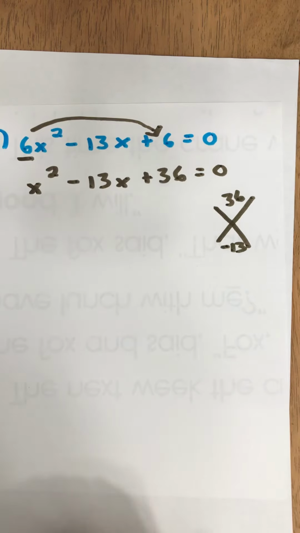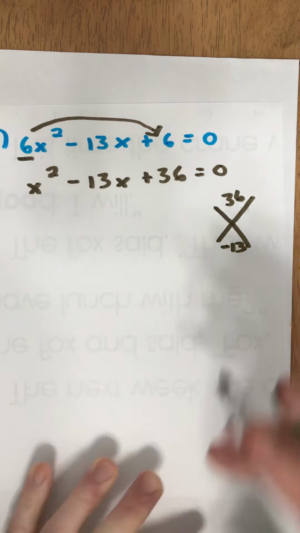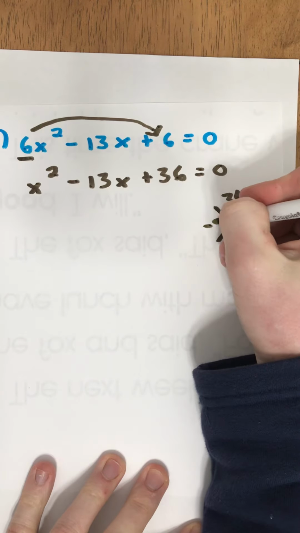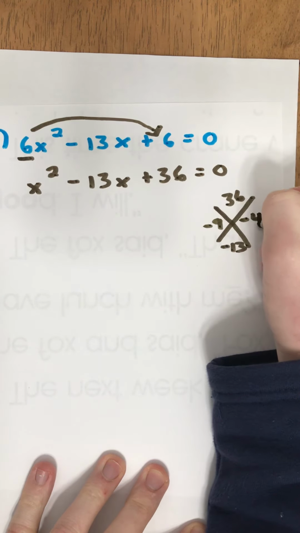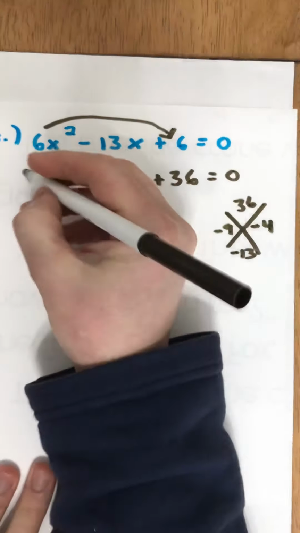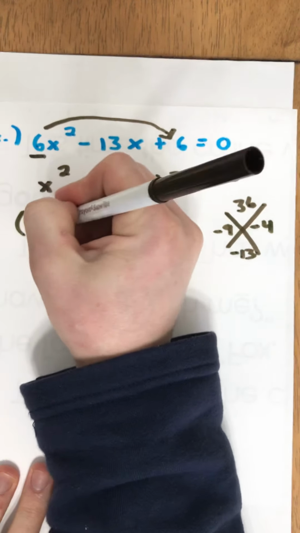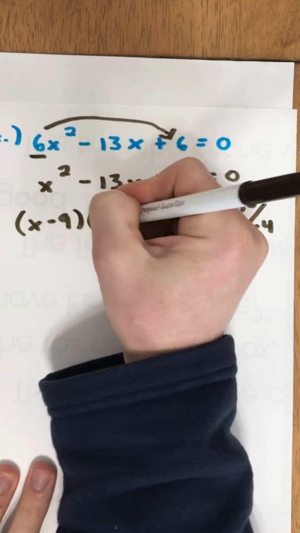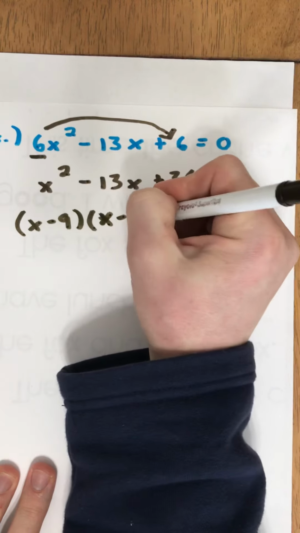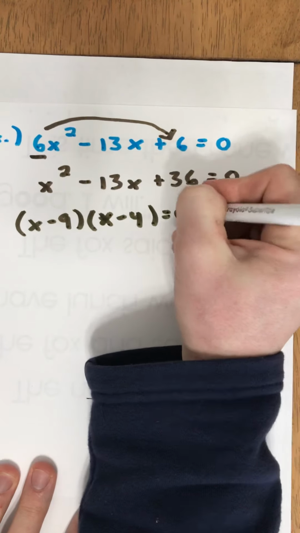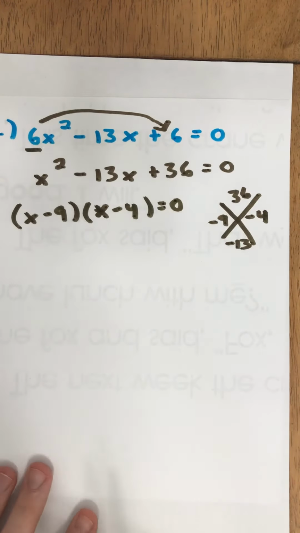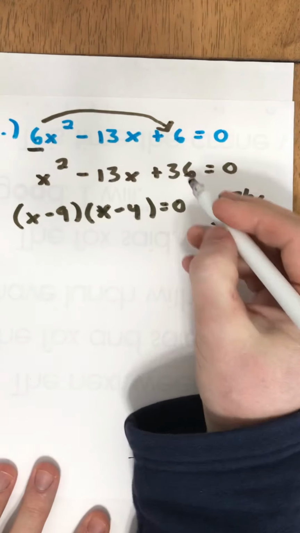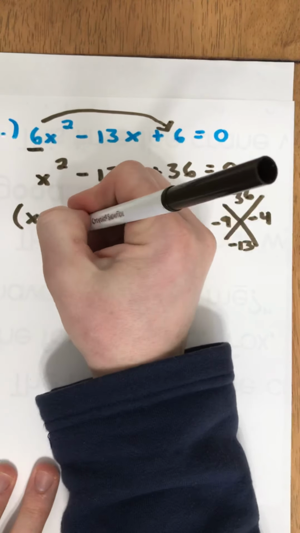So I'm looking for two numbers that multiply to 36 and add to negative 13. In this case, we're going to have negative 9 and negative 4. So I'm going to have x minus 9, x minus 4 is equal to 0. And I now have to slide this 6 back in.